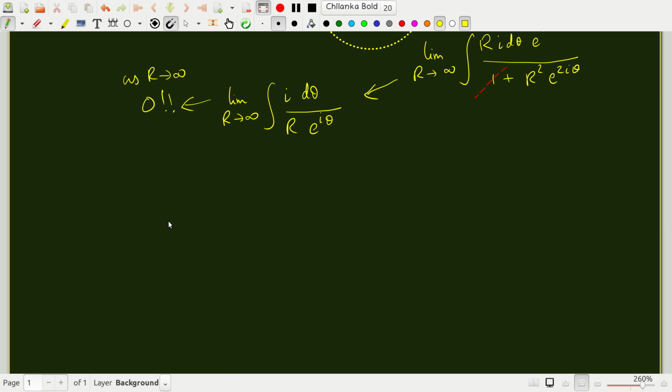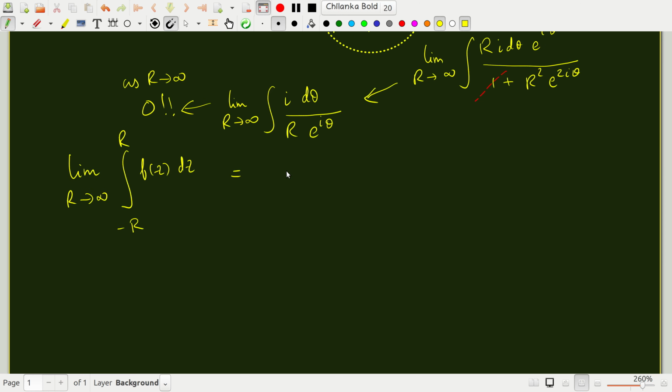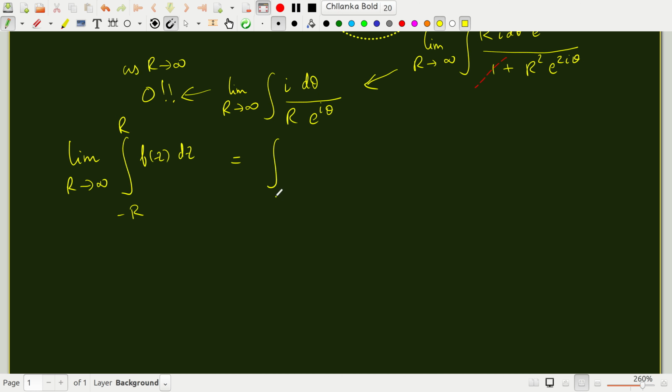So essentially we are interested in the limit R going to infinity of the integral from minus R to R of f of z dz, but that is nothing but the integral over the contour C1 of f of z dz. Now we know how to do this integral using the residue theorem. This is nothing but 2 pi I times the sum of the residues, right?